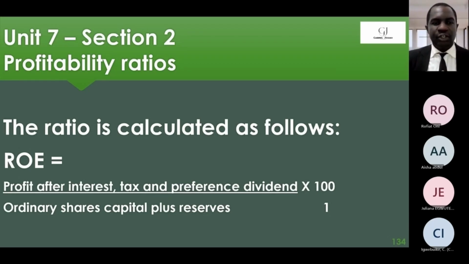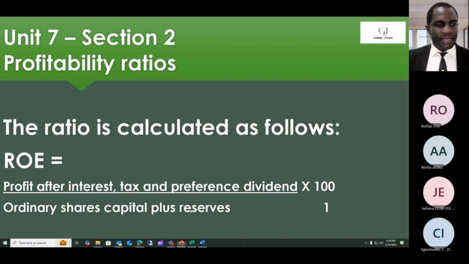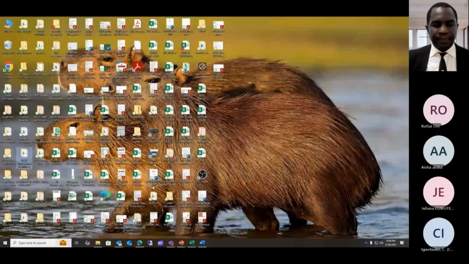It's an internal ratio, but capital employed and equity are both internal and external ratios. If you look at most publications on ratios in financial statements, they hardly use return on assets, but return on equity and return on capital employed are essential ratios. So let's go to the return on equity of Dan Kabir.